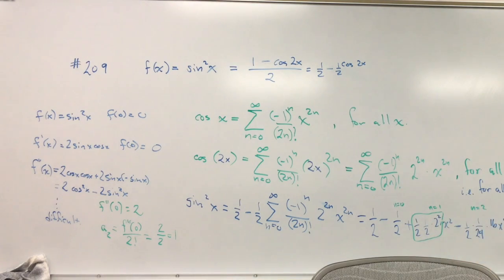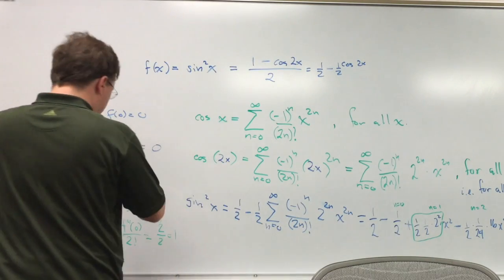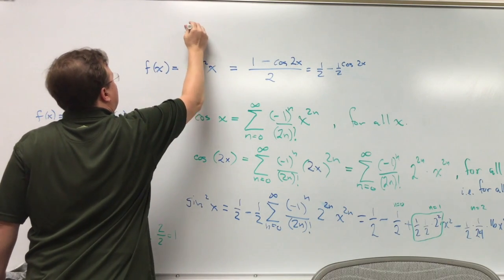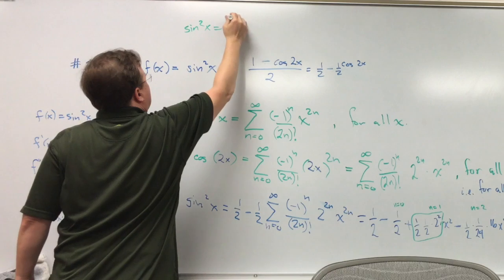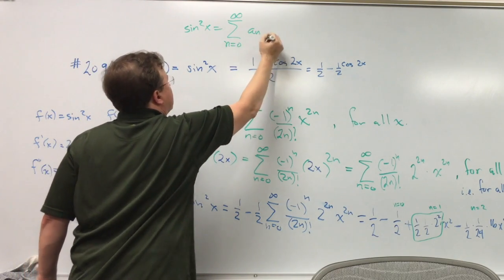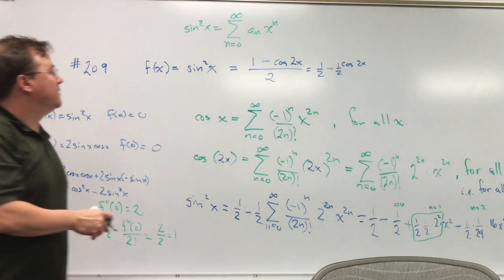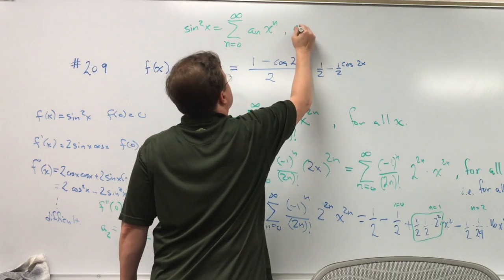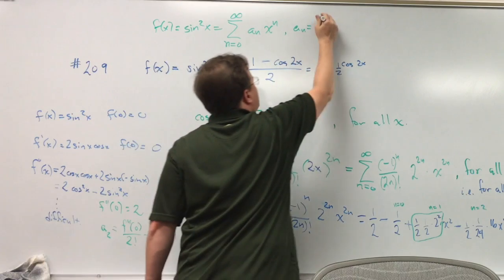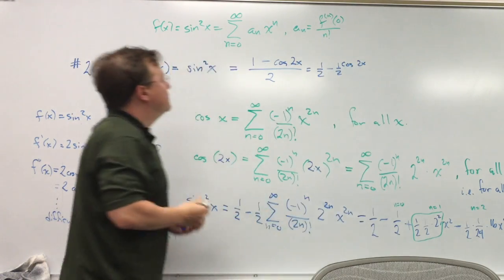Remember, if we're using this method, we're assuming that if this is f of x, then a sub n would be the nth derivative valued at 0 divided by n factorial.